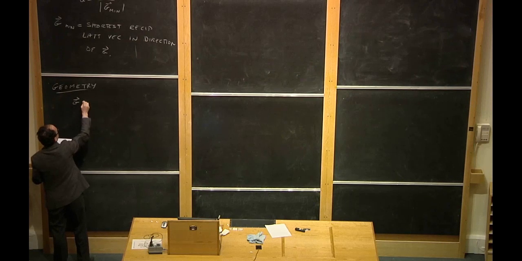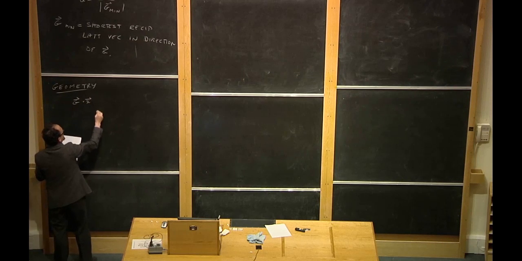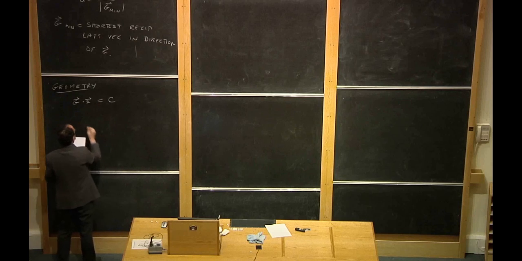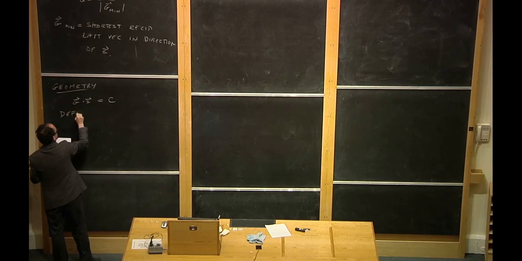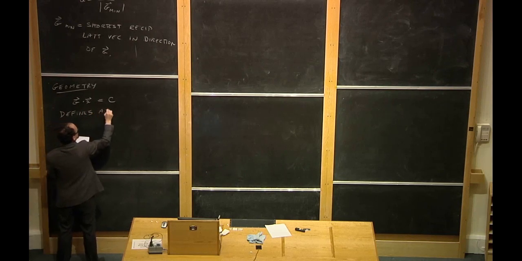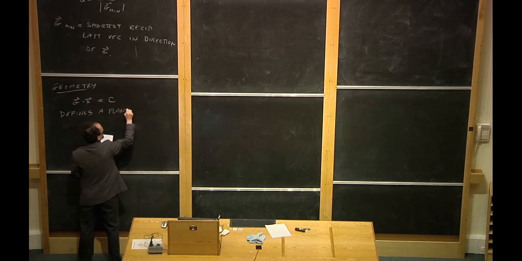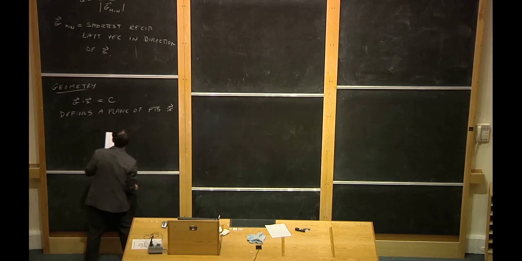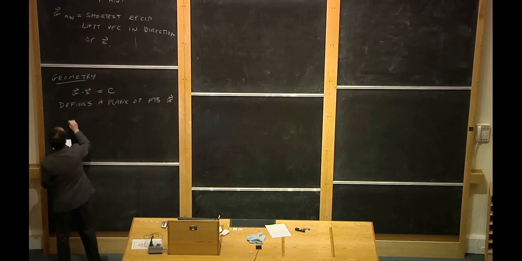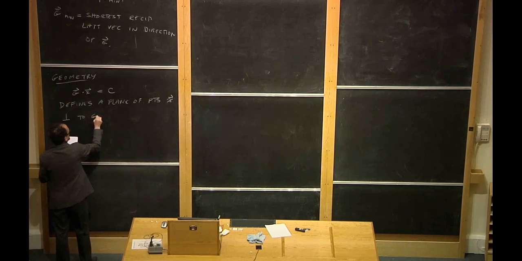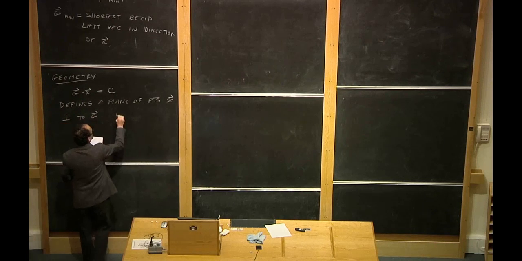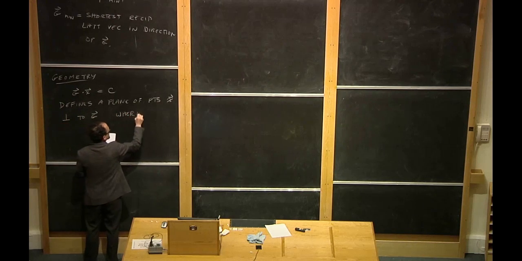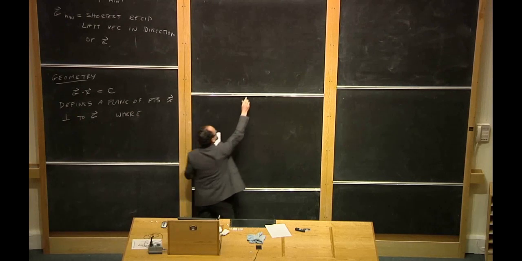Pick our vector G. G dot x equals a constant c defines a plane of points x perpendicular to G. Let me actually draw this over here.